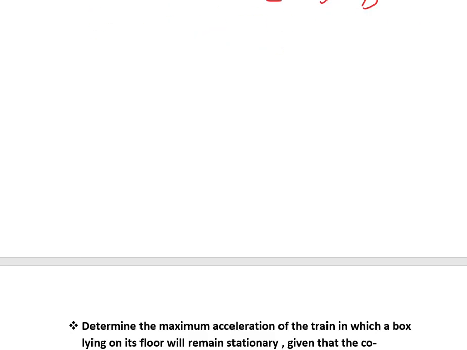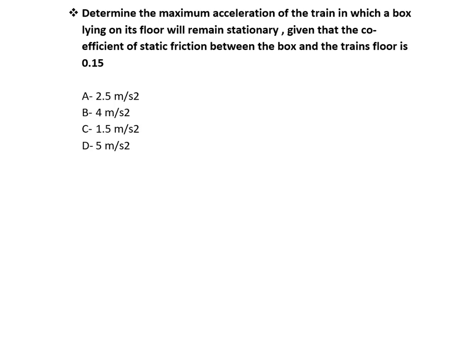Okay, next question, question number 6. Determine the maximum acceleration of a train in which a box lying on its floor will remain stationary, given the coefficient of static friction. It means let this be a train which is moving in this forward direction.